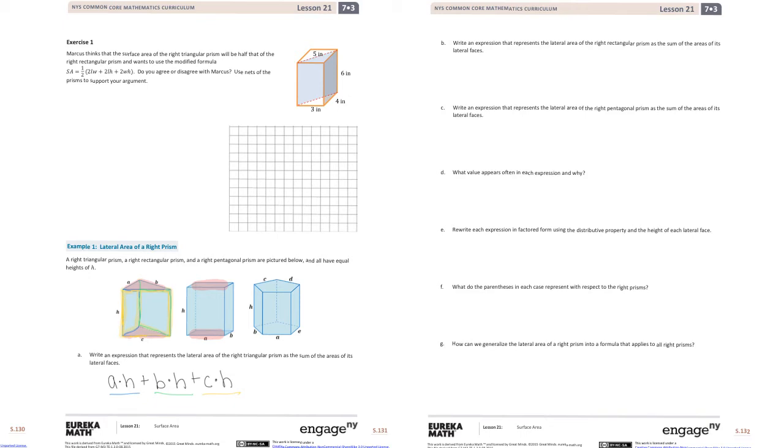So I'm going to first start off with A times H. And A times H is going to be the front face here, which I'm highlighting in blue, plus the next face, which is B times H, which is going to be the first face on the side, in green, plus A times H, which I'm putting in yellow, and that is going to be the back face here.